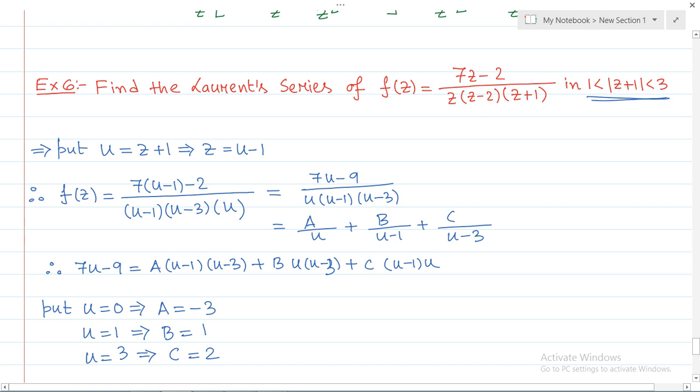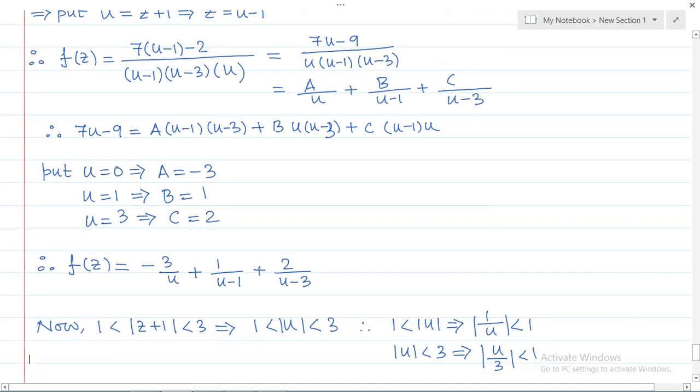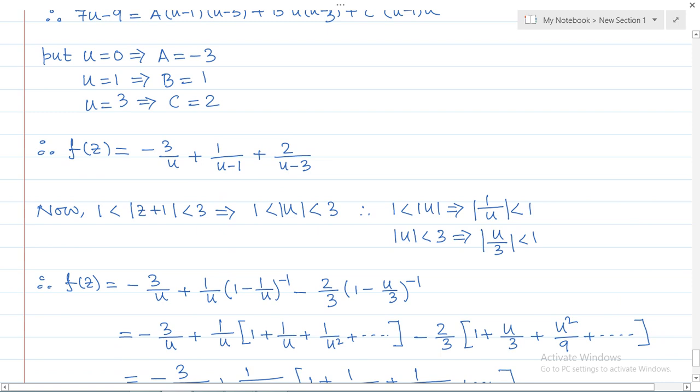So for this type of case we have to do the substitution. So u equal to z plus 1, z equal to u minus 1. First of all we have substituted this. In terms of u, everything is coming. We have to do the partial fraction. After getting the partial fraction, as per the region, since it is already given to be in the annular region, 1 less than mod of z plus 1 less than 3, that is 1 less than mod of u less than 3.